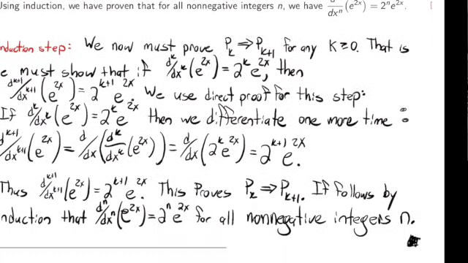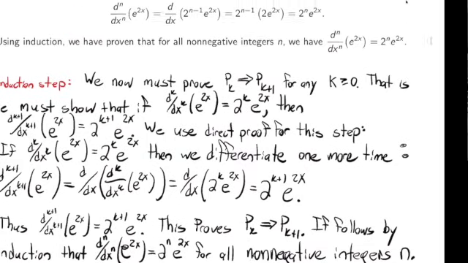So if I were to redo the induction step according to the textbook, when they use this notation over here, this is exactly trying to say that we are going to assume the statement P is true for the kth case, and then we're going to try and show that it follows for the next case.